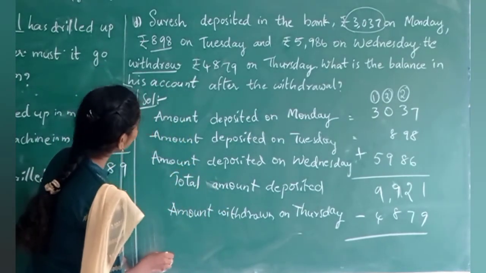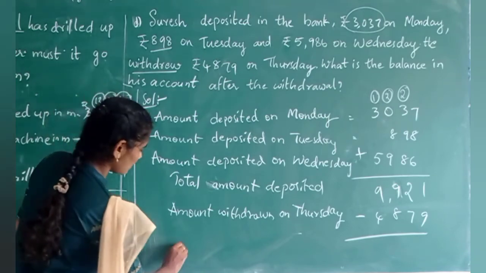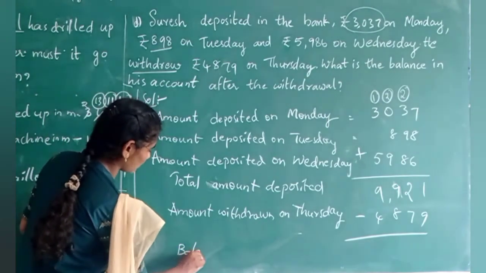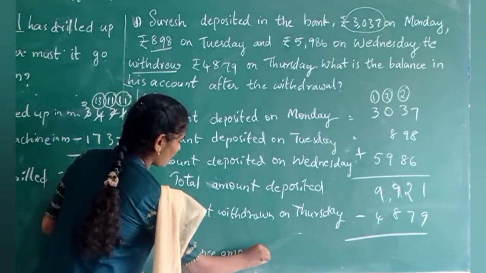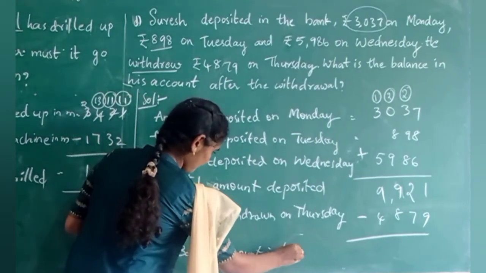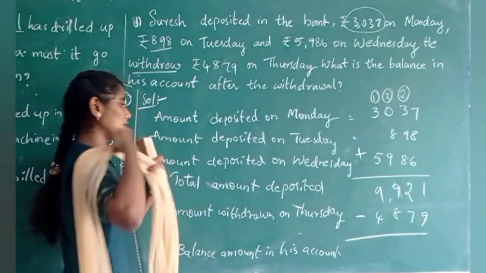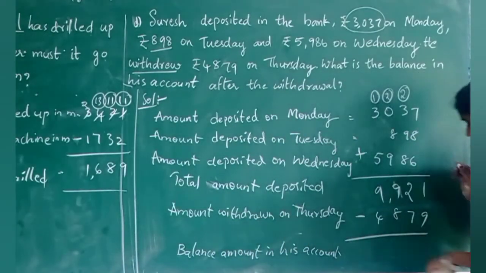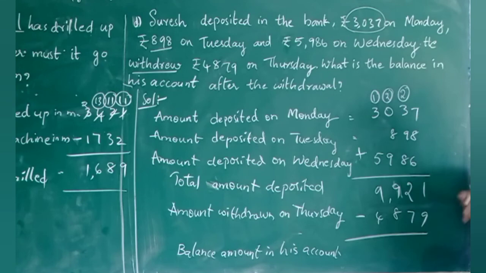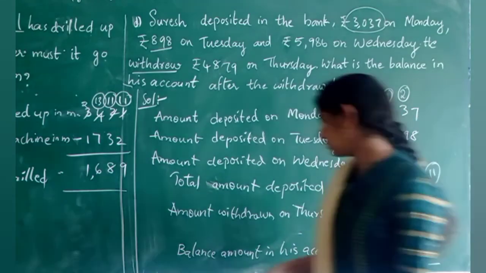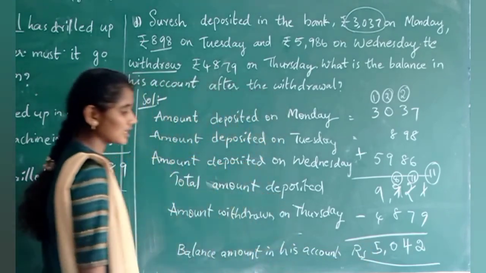Now, what is the ending step? What is the balance in his account? To find this, we do subtraction. I know you can do it; just do it yourself. The balance amount in his account is rupees 5042.